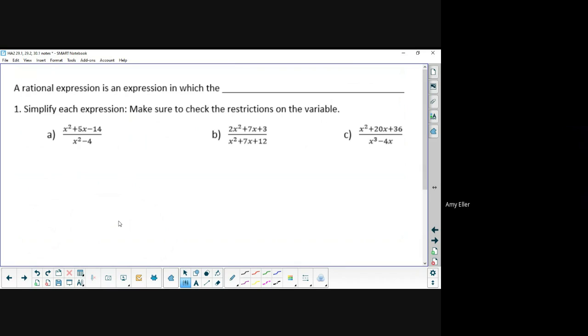All right, the title at the very top that's underlined says simplifying and solving rational expressions. That's this whole packet. Today specifically, 29.1, multiplying and dividing rational expressions. So what's a rational expression? Let's fill that in. A rational expression is an expression in which the numerator and denominator are polynomials.